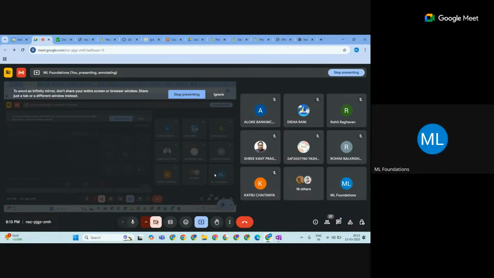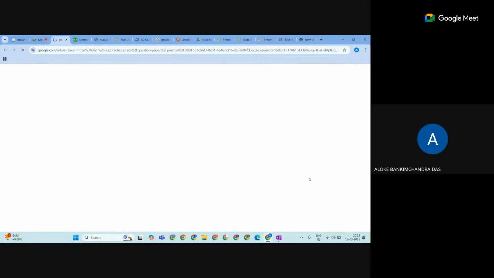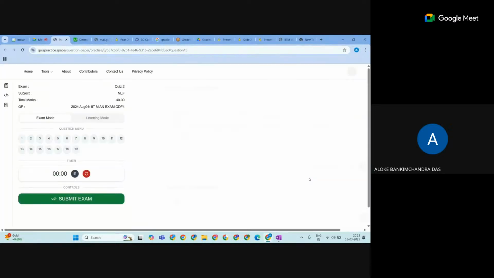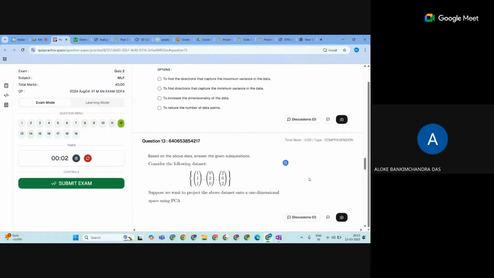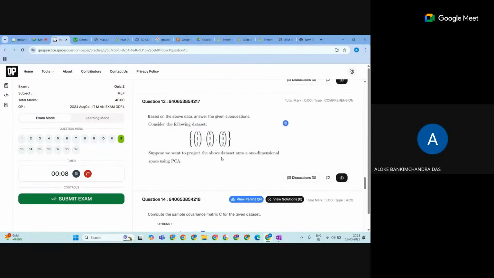I'm sharing it on the chat. Somebody has sent the link of the question paper, I think. Okay, this website. These are the same questions actually.